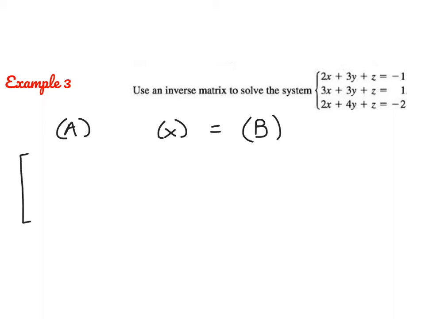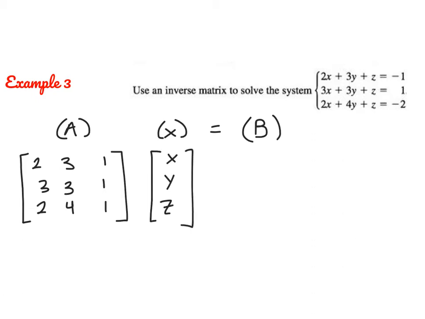So our coefficient matrix is going to look like this: 2, 3, 1, 3, 3, 1, 2, 4, 1. So notice it's just the coefficients. And then our variable matrix is going to look like this. The reason why it's a 3 by 1 is because if you use matrix multiplication here, if we multiply across this row and down this column, we end up with these three equations.